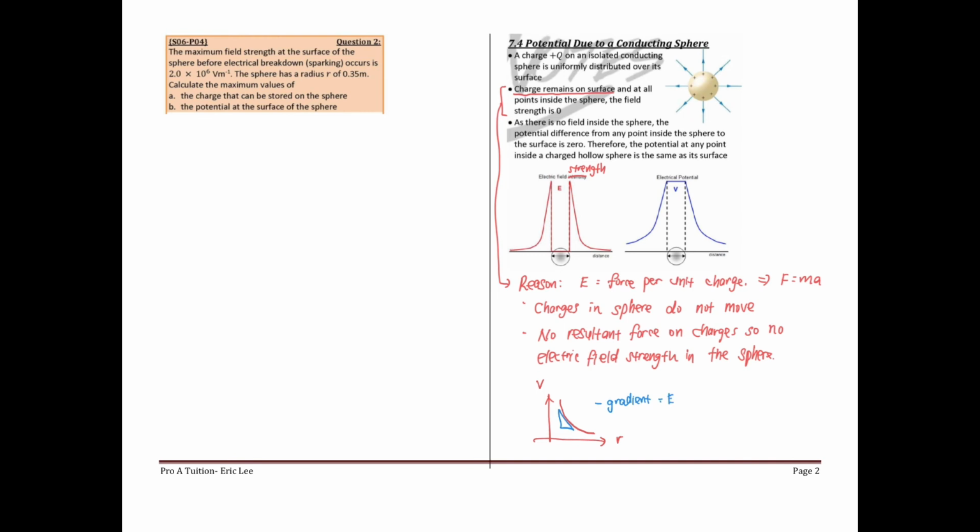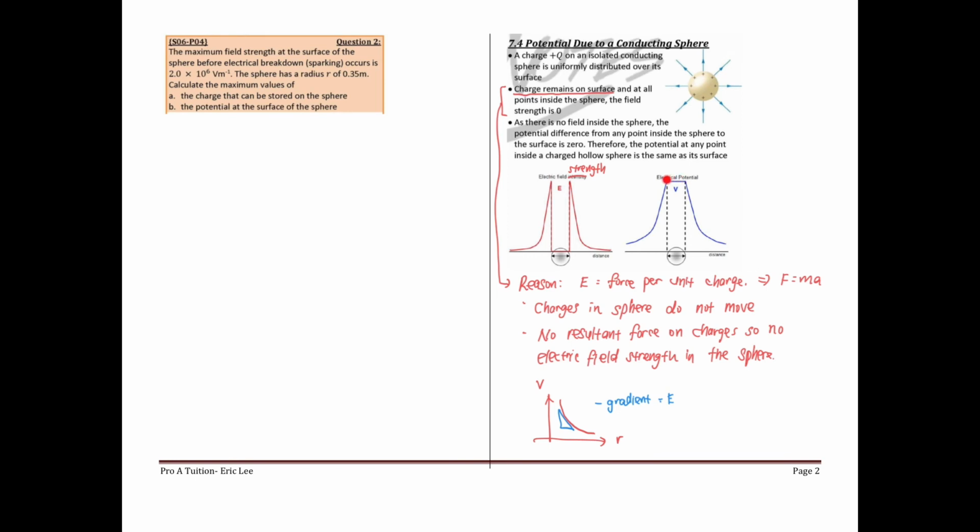Now when you come to this, you can apply the similar concept. If E is 0 inside the sphere, as we have discussed the reason here, that means there should be no gradient, or zero gradient, for this graph.